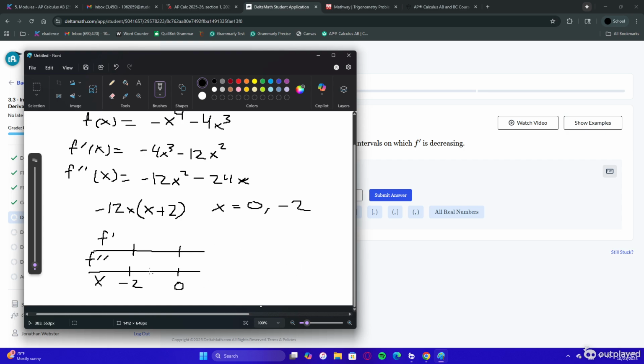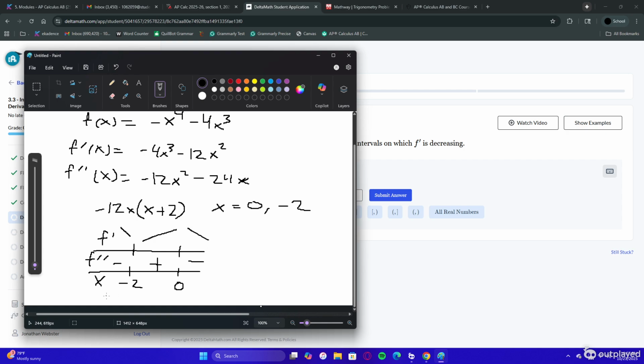If you plug in a number such as negative 3, you'd get a negative value, which means that f prime is decreasing. From negative 2 to 0, if you plug in a value such as negative 1, you would get a positive value, which means that it's increasing, and that's not what we're looking for. And from 0 onwards, if you plug in a value, you get negative, which means that it's decreasing.